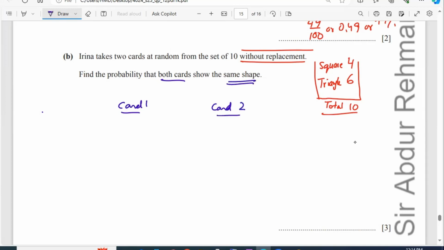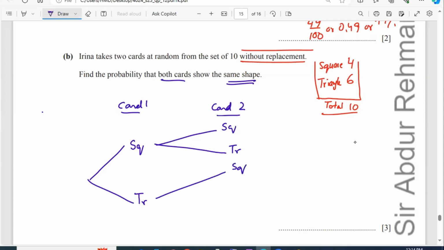Card 1 is square shape, card 2 is triangle shape. Then square shape, then triangular shape, again square shape, then triangular shape.